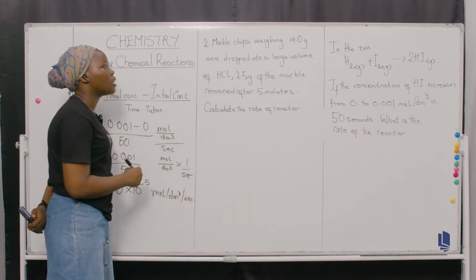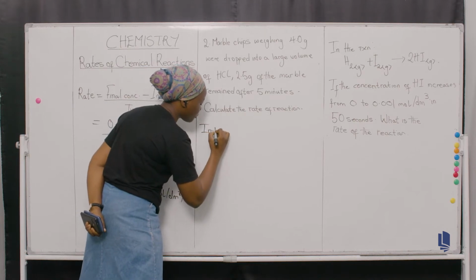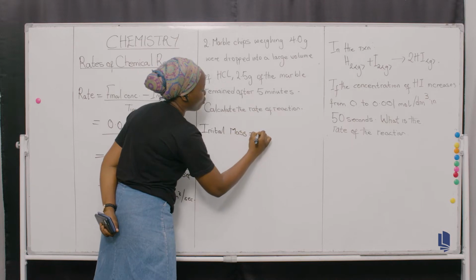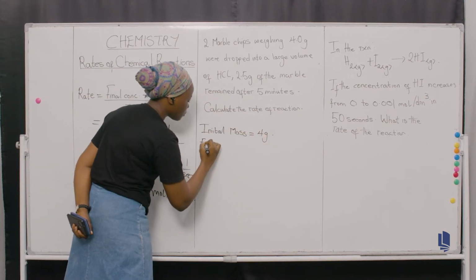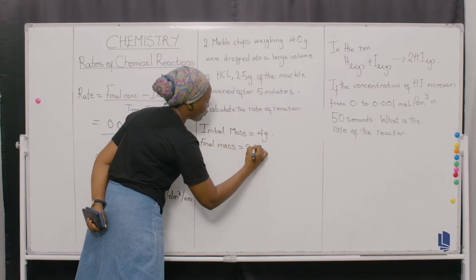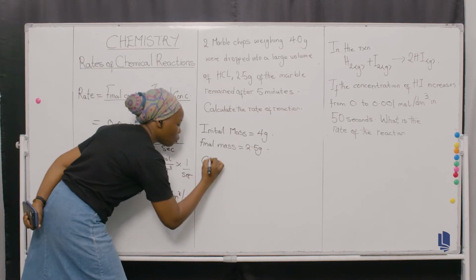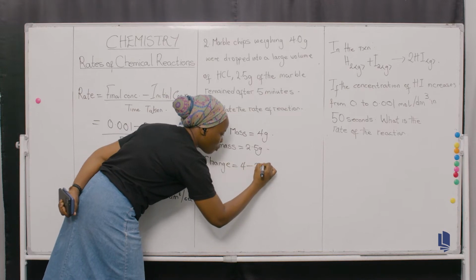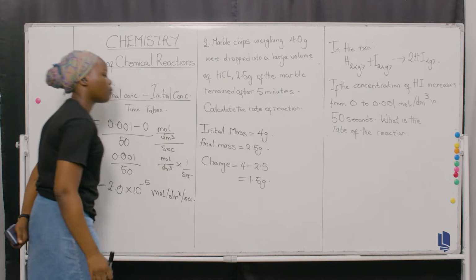From this question, we are given the initial mass, right? So initial mass was 4 grams. The final mass 2.5 grams. Change in mass would then be 4 minus 2.5, and that will give us 1.5 grams, right?